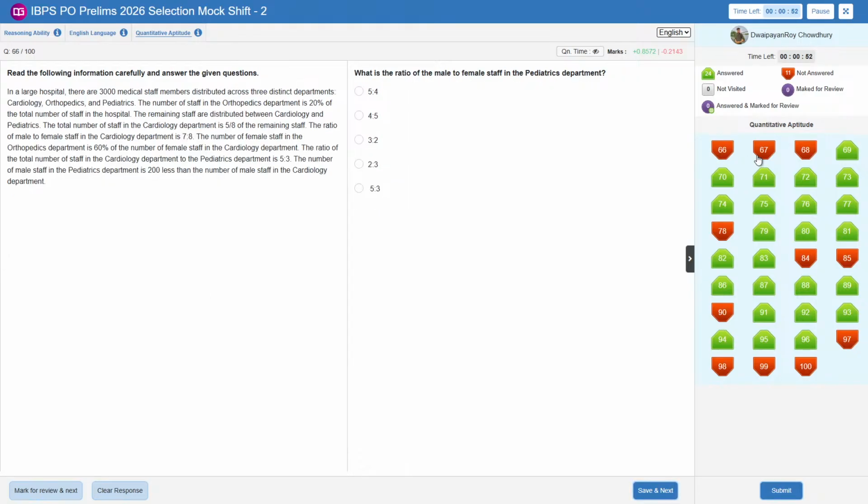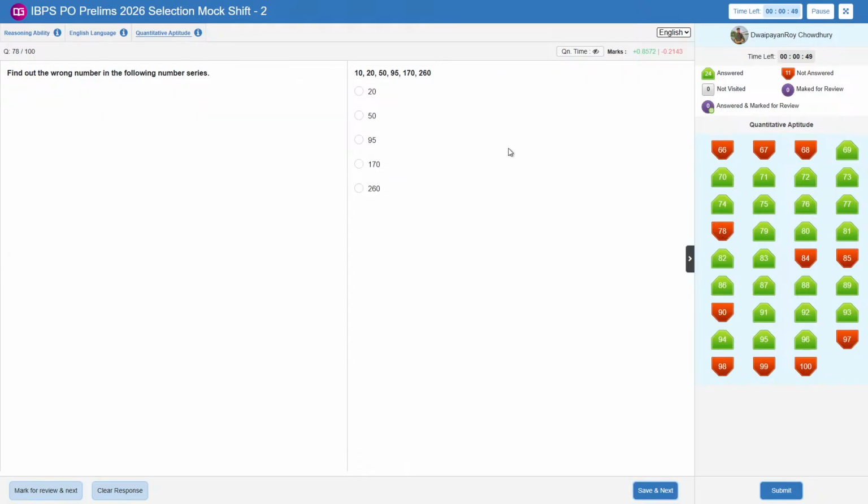Okay, let's go back to this one. Then this is the gap of 10, gap of 30, gap of 45, gap of 75. So 20, 15, 30. So total 35. If this was 15, this was 20, it would have been all right.